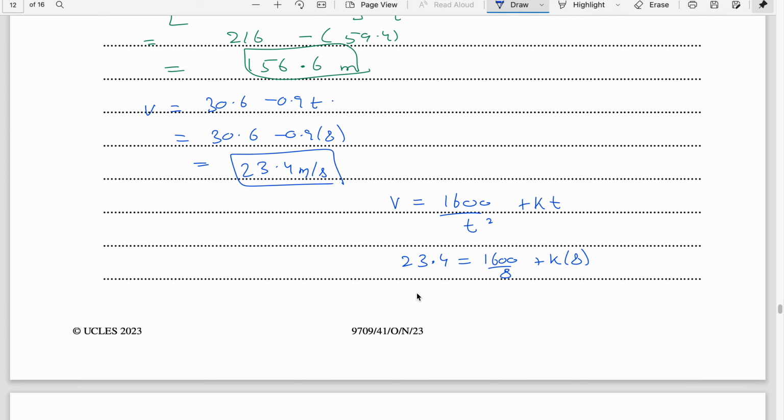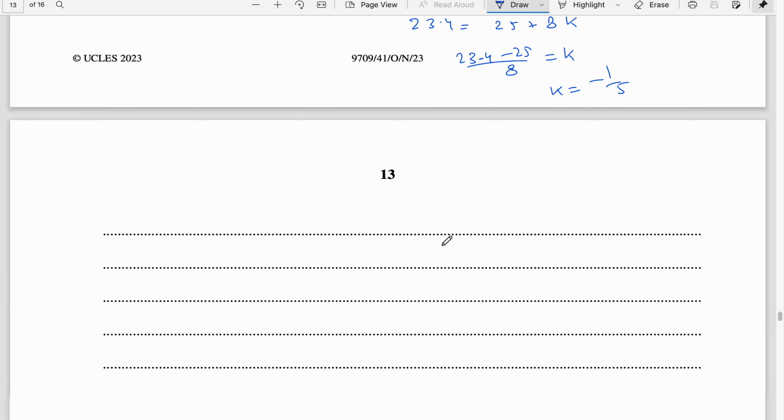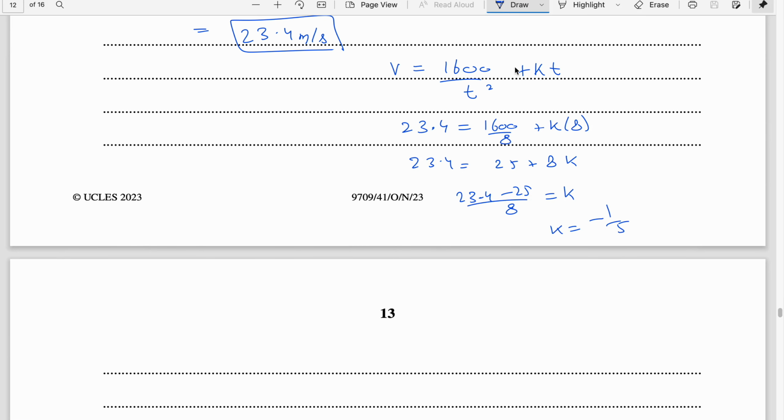So 23.4 equals 25 plus 8k, and k is (23.4 minus 25) divided by 8, which is negative 1 by 5. Now I'm copying the same equation: velocity is 1600 over t square minus 1 by 5 of t.